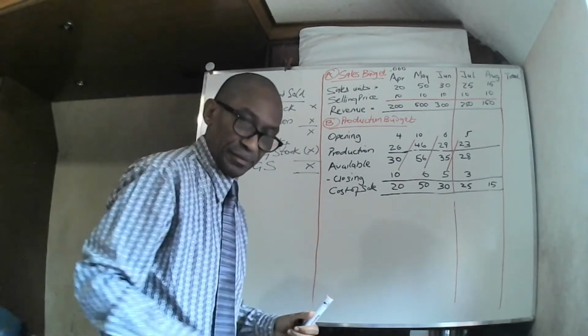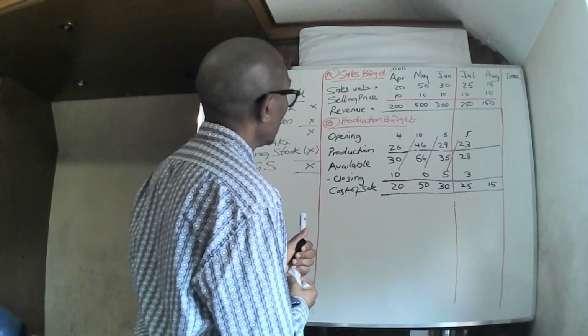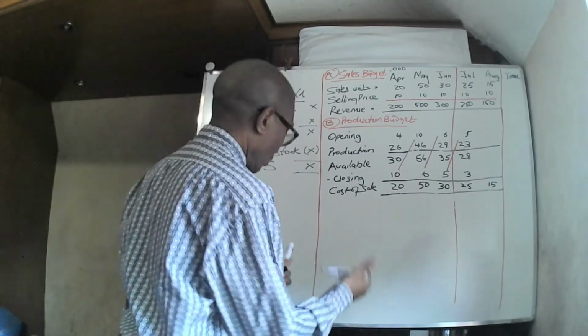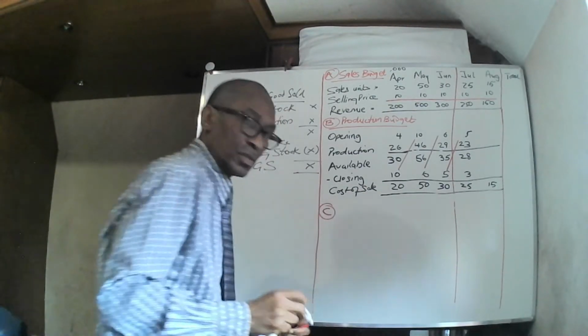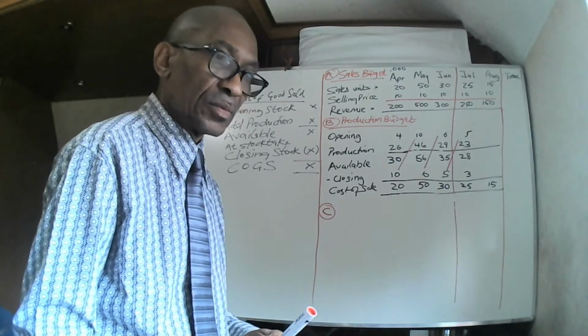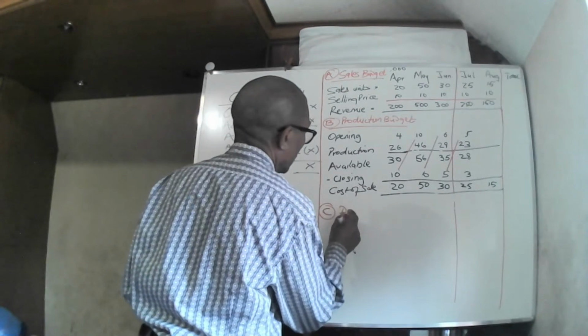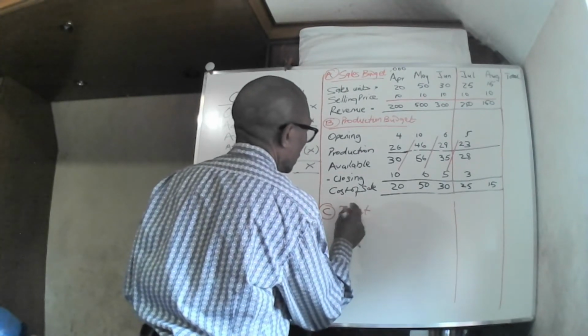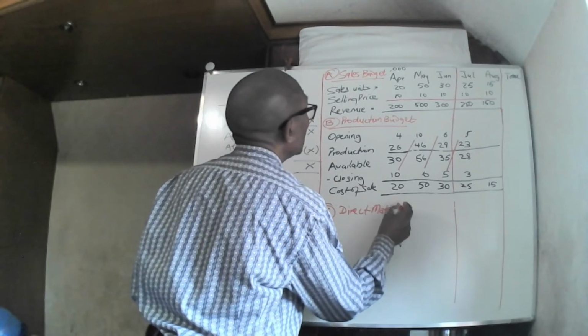Now what we need to do now is question 3C, which says prepare direct material budget. Direct material budget.